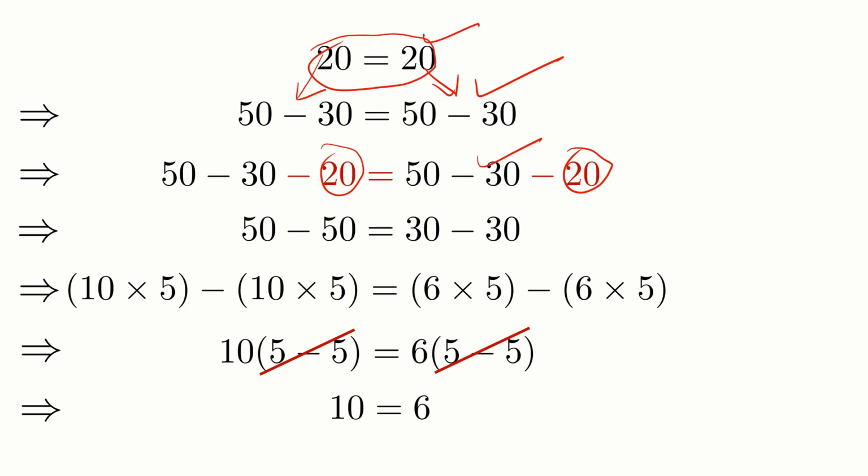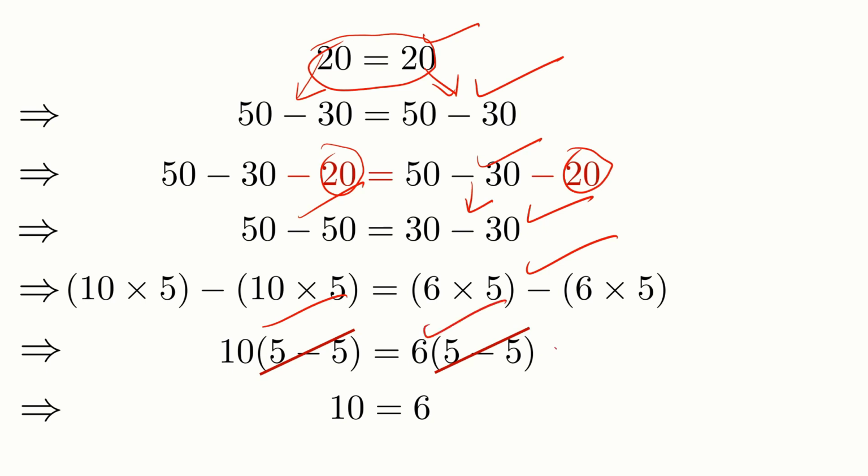And writing 50 minus 30 minus 20 as 50 minus 50 and writing this statement as 30 minus 30, this step is also okay. Writing 50 as 10 times 5, writing 30 as 6 times 5, this step is also okay. Taking 10 outside of the statement and taking 6 outside of the statement, this step is also fine.